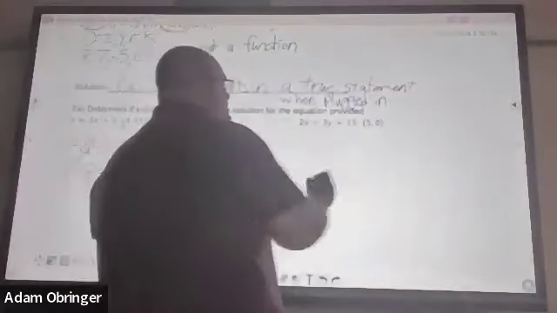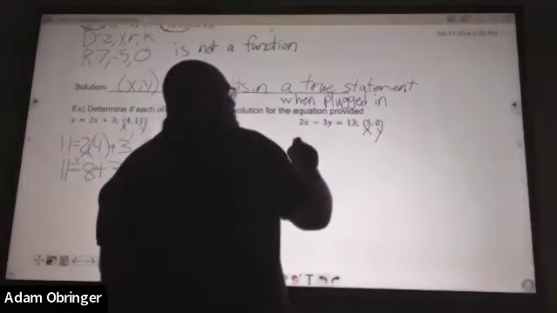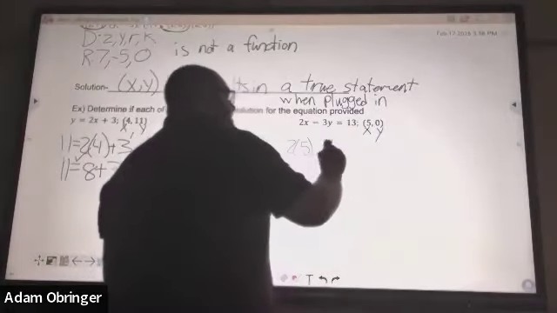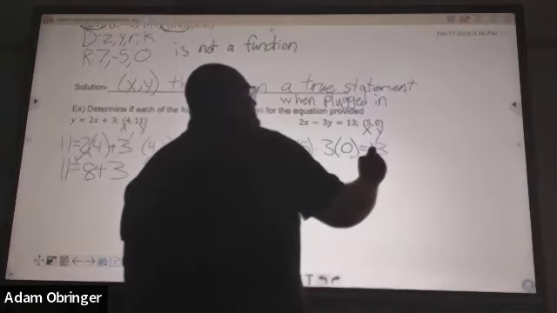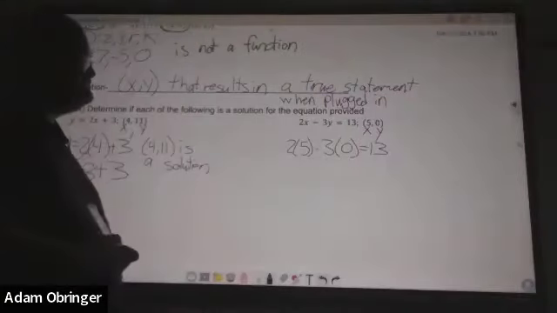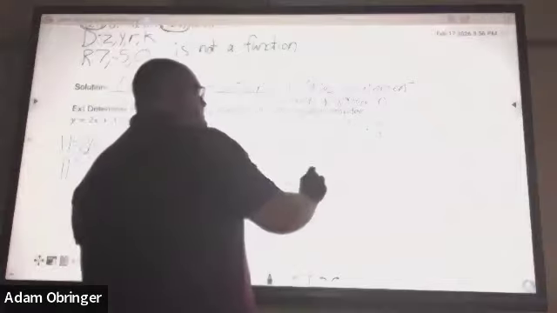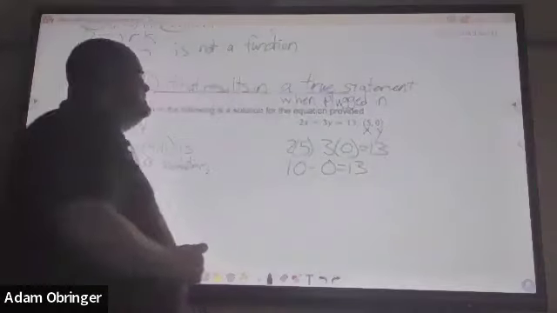So bringing it over here, again, we have x and y. 2x is going to be 2 times 5, minus 3y, 3 times 0, equals 13. Simplifying this, 2 times 5 is 10, minus 3 times 0 is 0, equals 13.